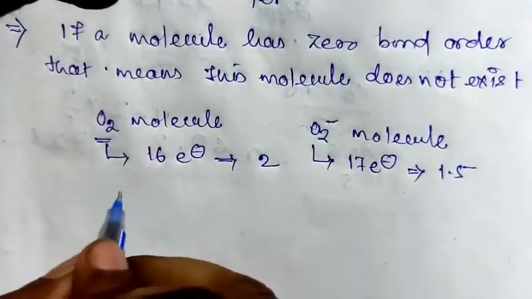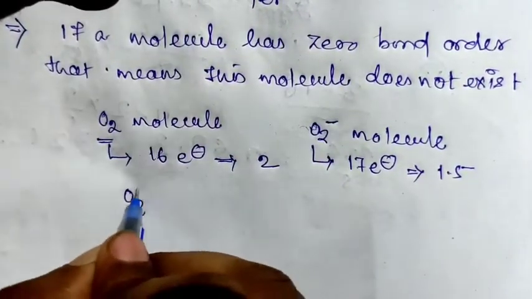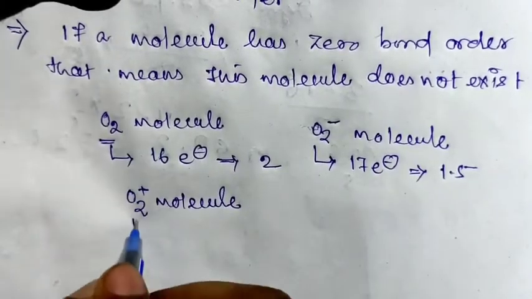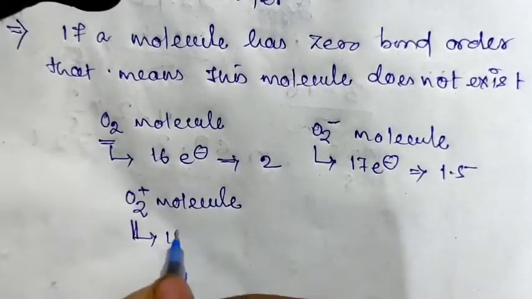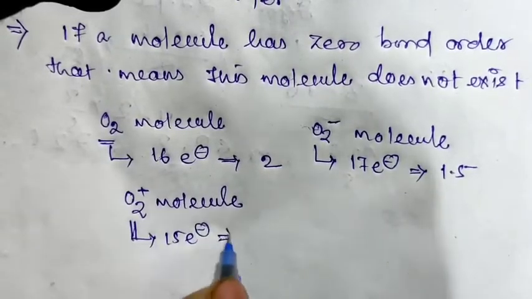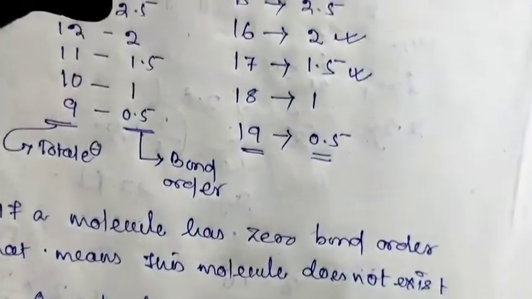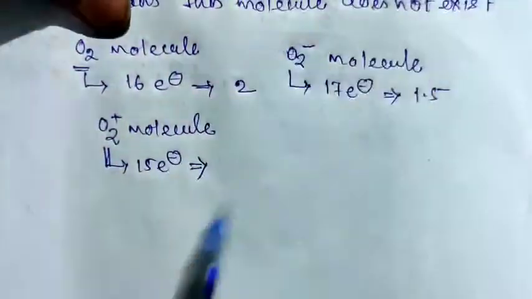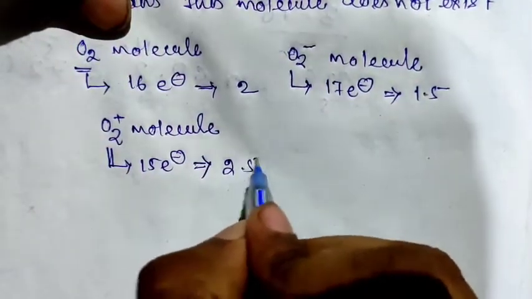Similarly, if we consider the molecule O2 plus, whose total electron is 15, its bond order will be 2.5.